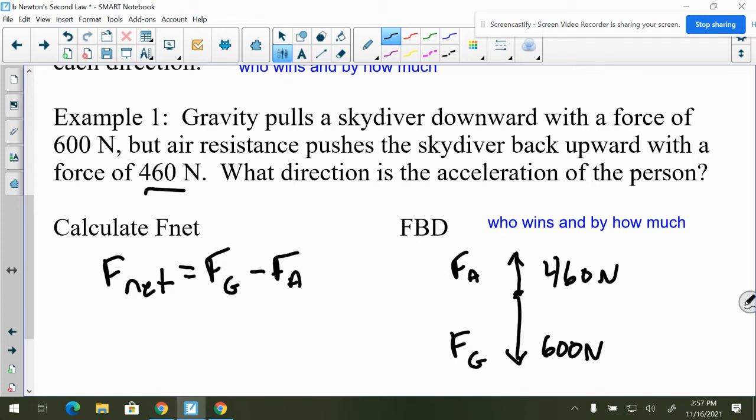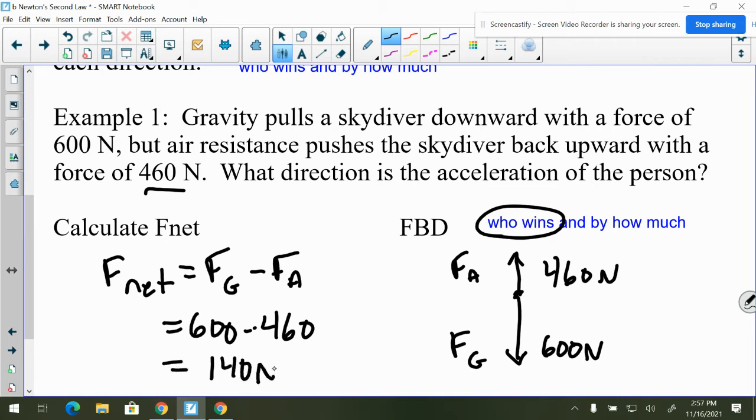That's always a way of doing it. When we say who wins, it can always be the big number minus the little number. We're looking for the difference. So the net force will be 600 minus 460, and that's going to equal 140 newtons. So the F net is going to equal 140, and that eventually will equal ma, because we have that from Newton's second law.